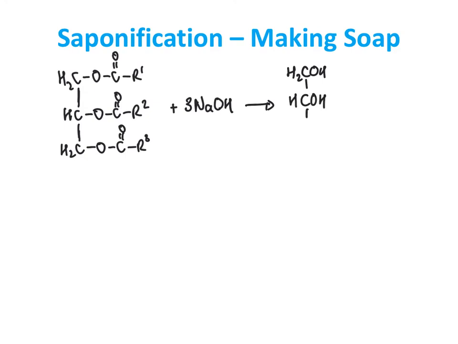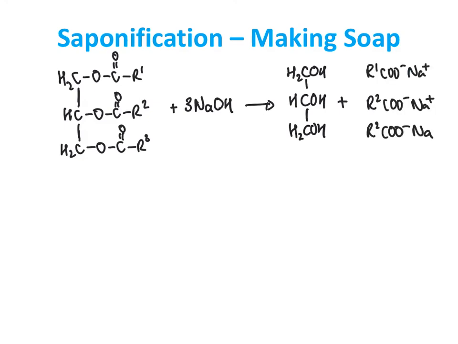Okay, always get that. So it's always a product, so bear that in mind. And we'll look at the IUPAC name of that in a second. I perhaps should have mentioned it on the previous slide. And then our other products are going to be salts. So we've made 3 salts, and it's those salts that are the soap.